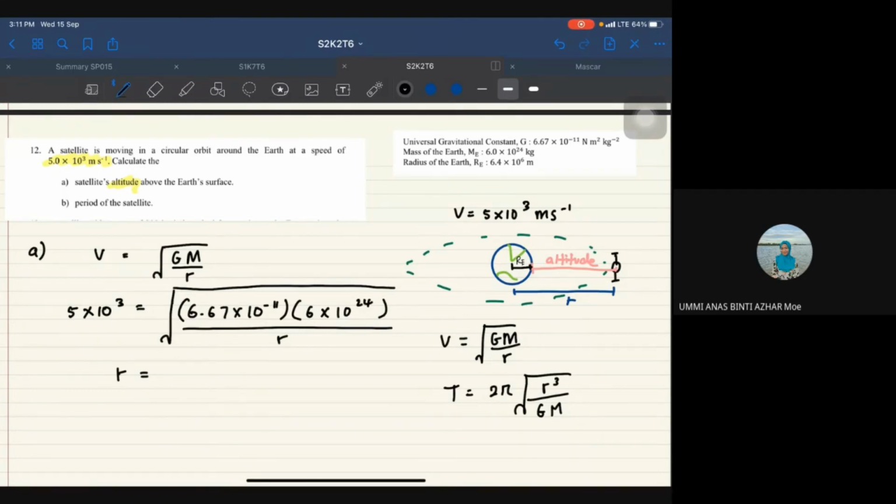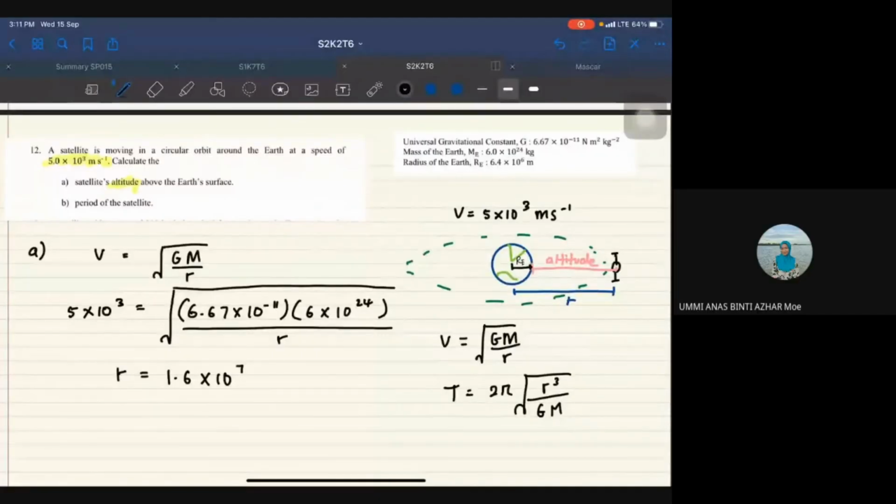Dapat R is 1.6 times 10 to the power of 7. Betul. Unit dia kilometer ke meter? Jawapan saya berapa sir? 1.6 times 10 to the power of 7. Dia belum jawapan akhir lagi. Dia baru R.